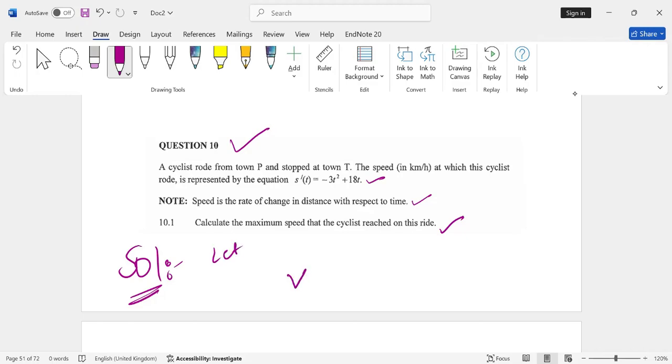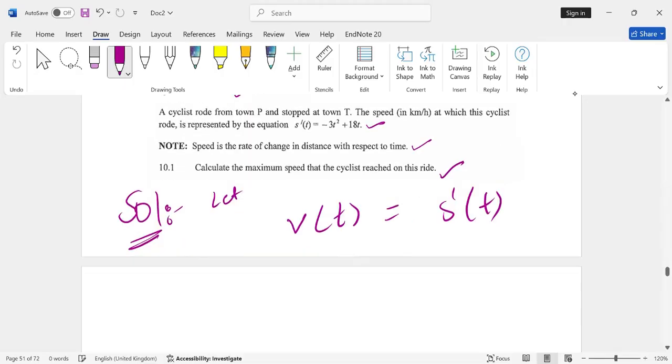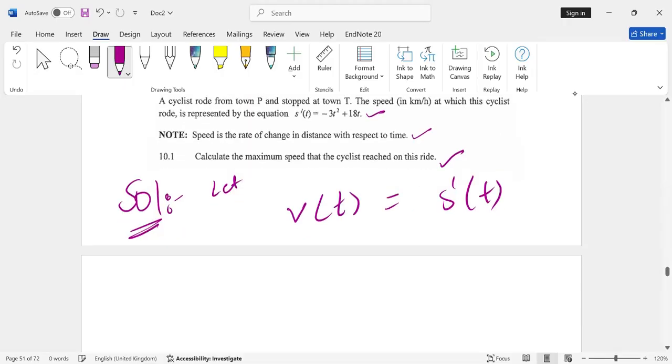So v of t is equal to minus 3t squared plus 18t.